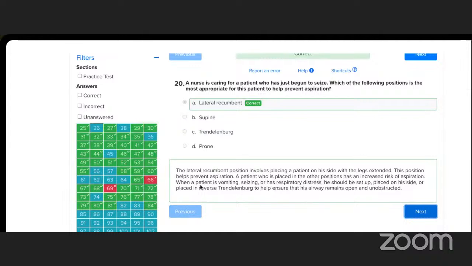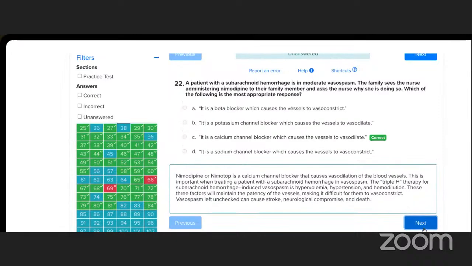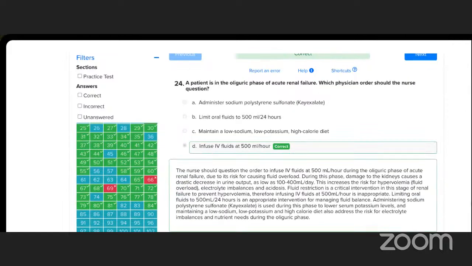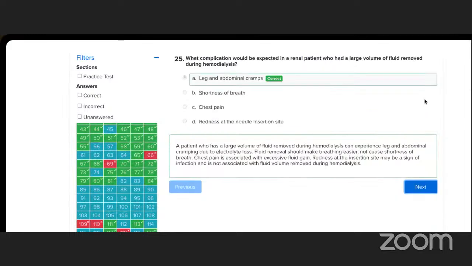When a patient is vomiting or seizing, he should be placed on his side. What complication would be expected in a renal patient who had a large volume of fluid removed during dialysis?